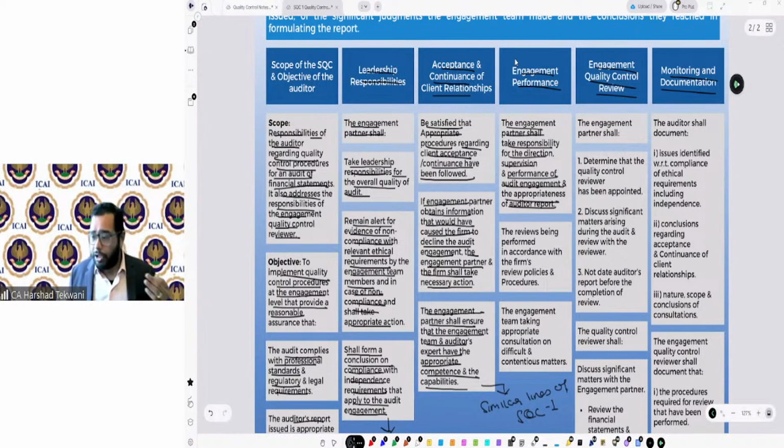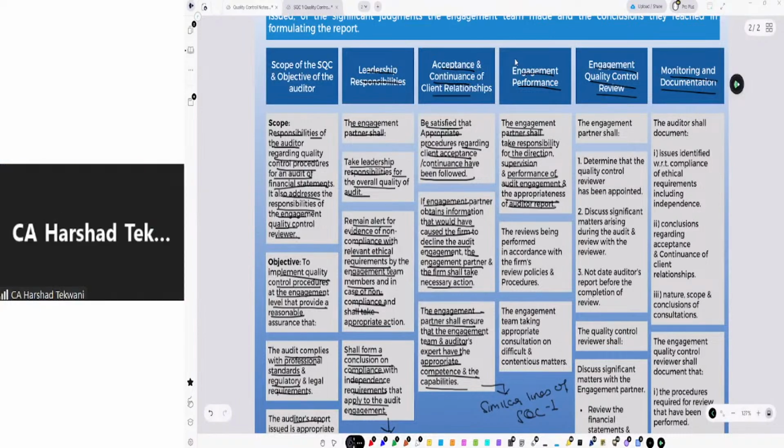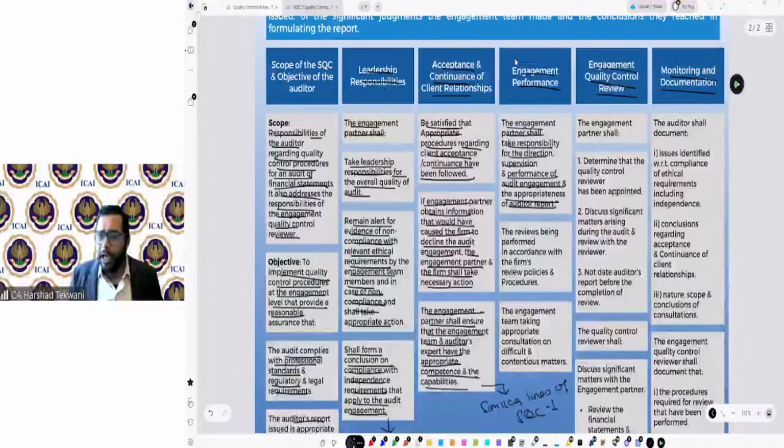Anyone with respect to what they will supervise? If I ask you from tomorrow you are the auditor, you will be the CA and the engagement partner, how will you supervise the audit? Only one answer, by Charu. That's it. Not good, guys.